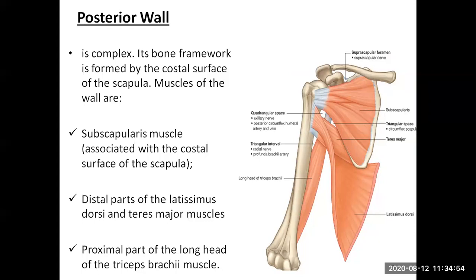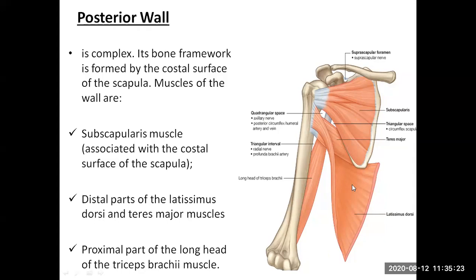So here from the subscapular fossa, the subscapularis muscle is arising, associated with the costal surface of the scapula.